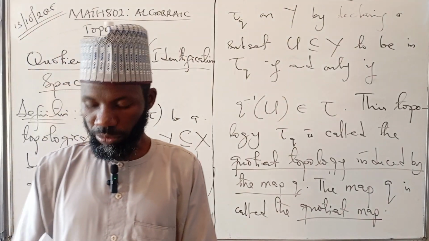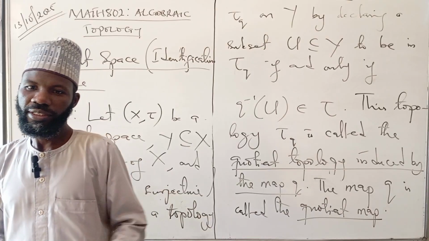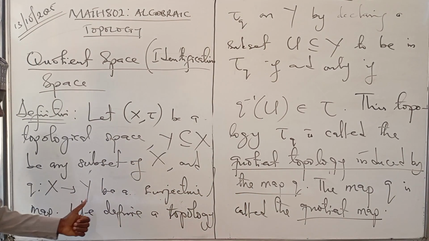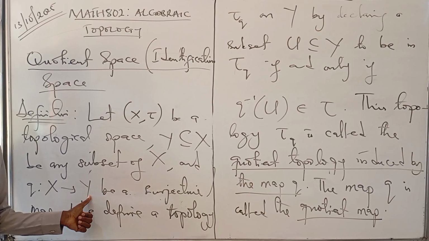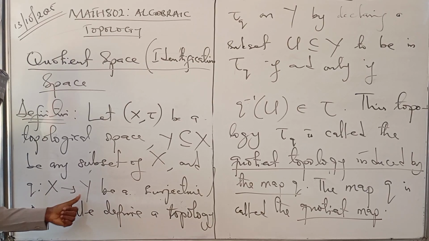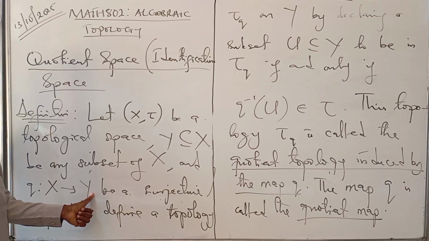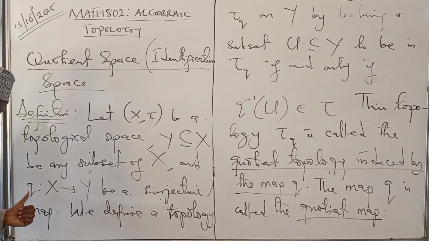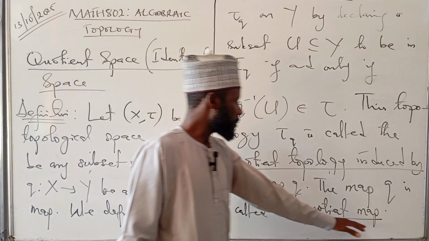In fact, for any mapping between topological spaces, if you have this topological space and that topological space, and with this mapping the one space has the quotient topology induced by Q, then that mapping is called the quotient map.